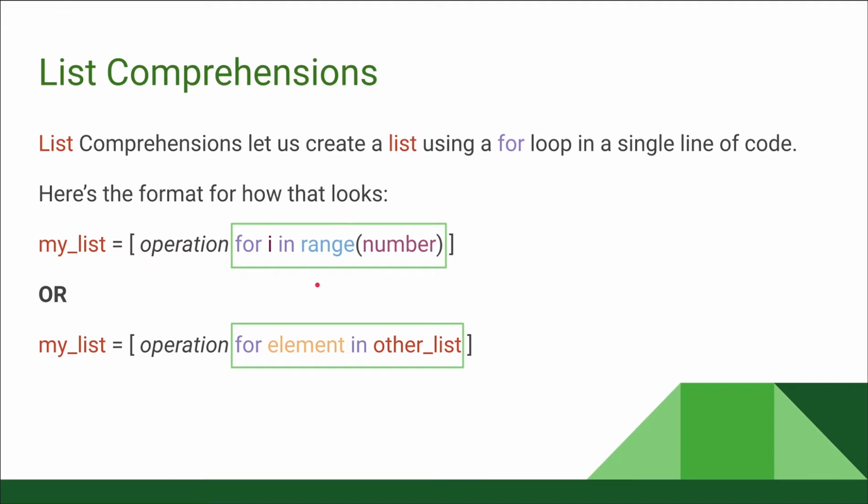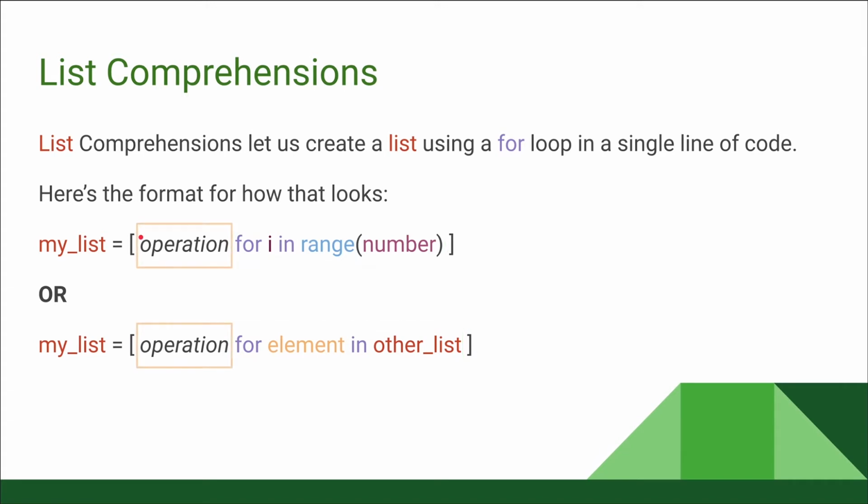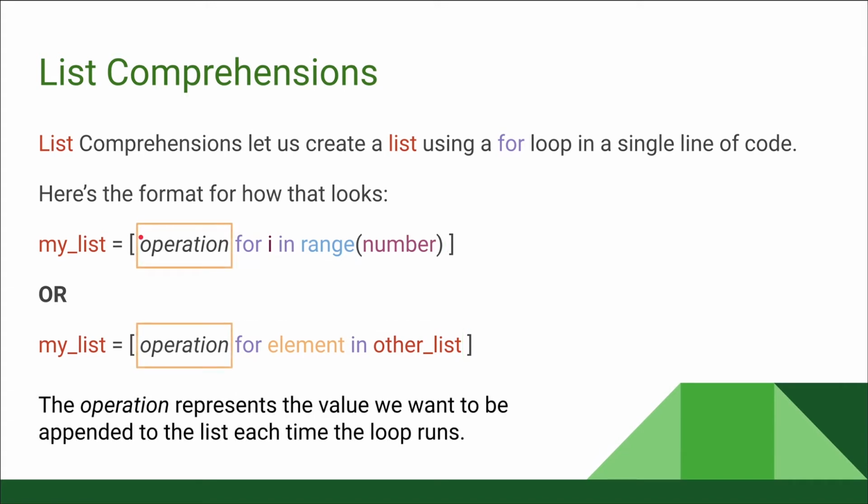So we have for i in range of a number, or we can do for element in a list, do something, right? But where is the something we want to do? We don't have a colon at the end, and we don't have a body inside of our for loop, because this is all in 1 line. So the thing that we're doing is this operation. And the operation is going to represent the value that we want to append to the list each time that loop runs.